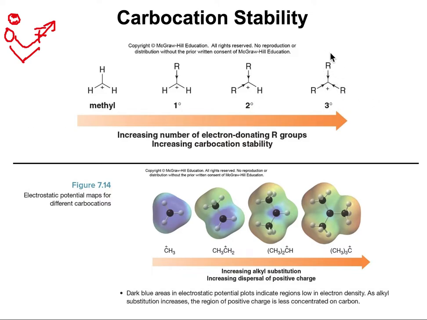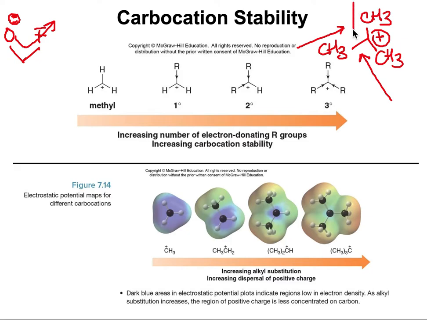When we have an R group that looks like an alkyl, so imagine we have CH3, and then the carbocation right in the middle, and then CH3, CH3. Alkyl groups, such as these ones, are electron donating. So they are all pushing electron density towards that carbocation.